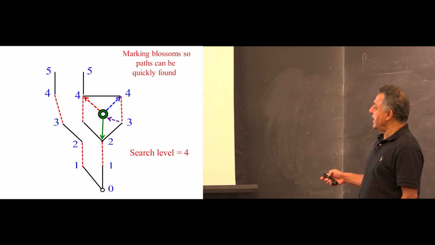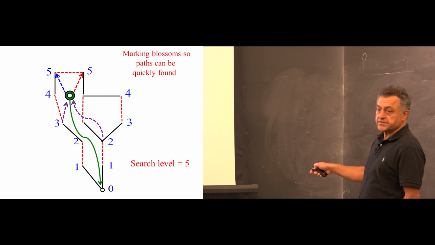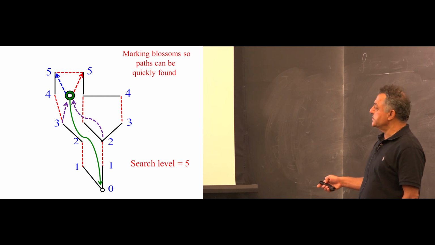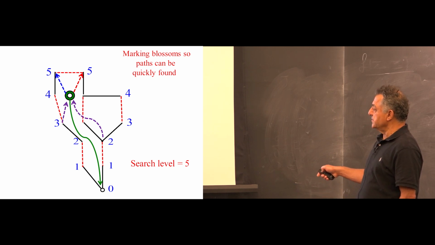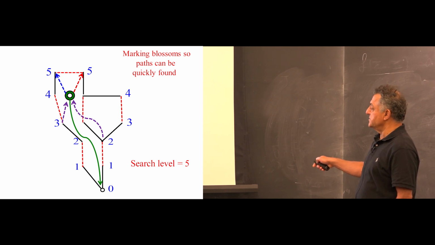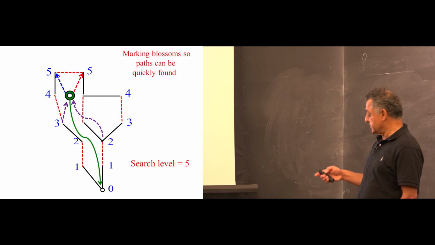And similarly, at search level 5, we search along this edge and realize, oh, it's a bridge. And we put on another petal node which points to the base. And all these vertices in the petal point to this guy. Of course, these earlier vertices are all of tenacity 11. These were of tenacity 9. So the 9s don't point to this guy, only the tenacity 11 vertices point to this guy.